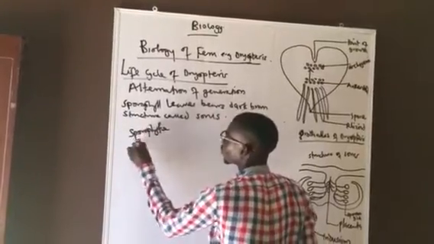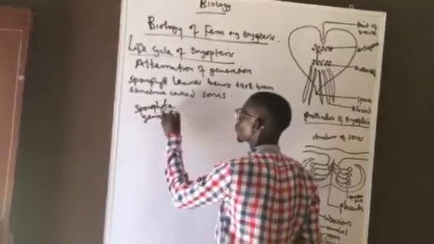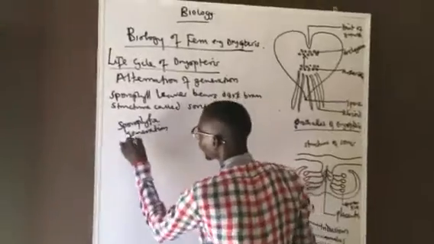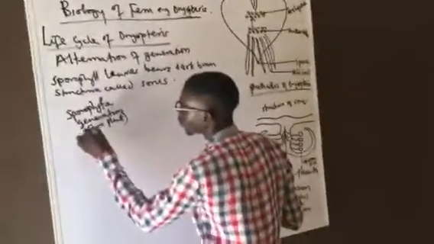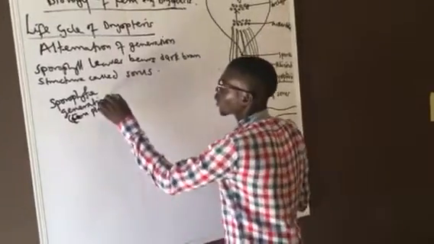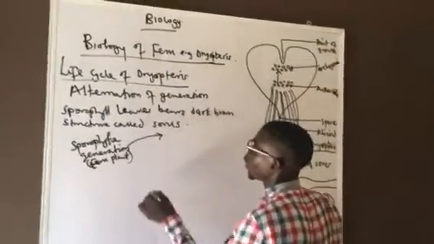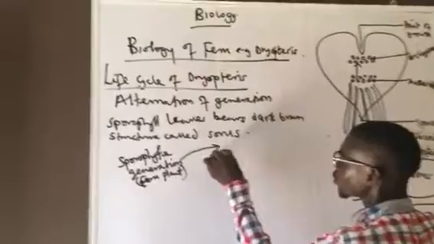Sporophyte generation. Fern plant. We have the leaves, that is the fronds.